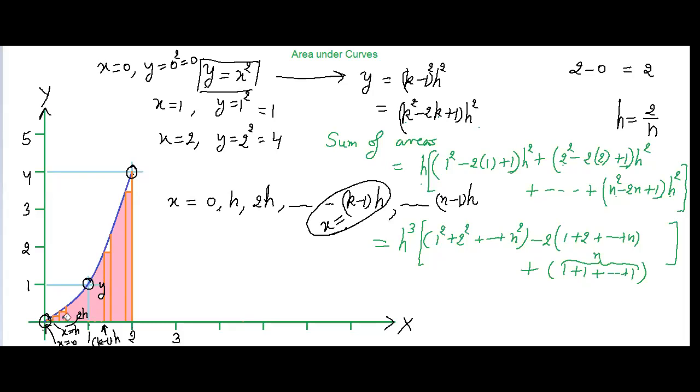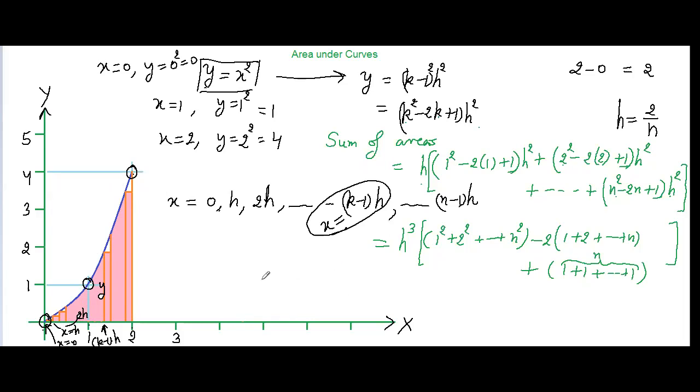But each rectangle has a top which is made by two straight sides and one part of the curve. Those areas are not included. So it is not exactly equal to the area under the curve yet. But whatever it is, it is the area of all the rectangles. We will simplify it now.